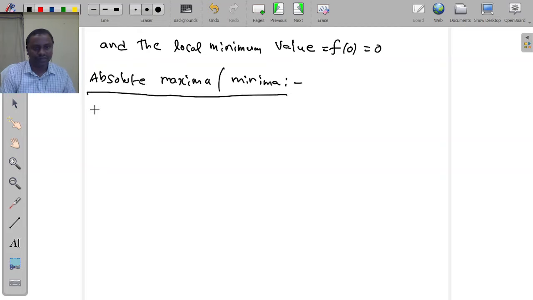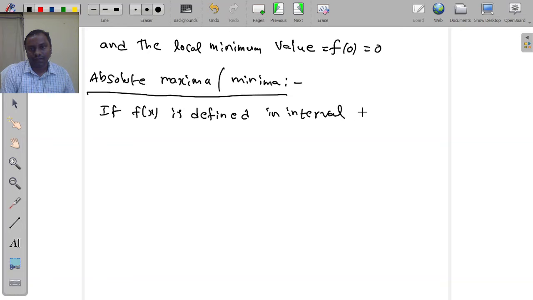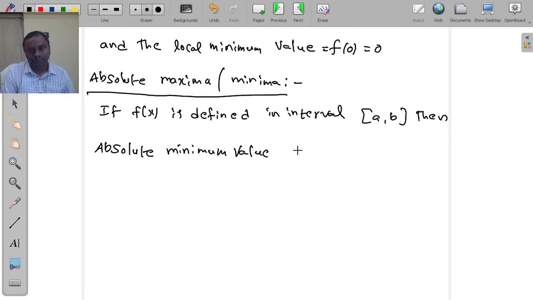If f of x is defined in the interval a comma b, then the absolute minimum value is equal to the minimum of f of a, f of b, and all local minimum values.